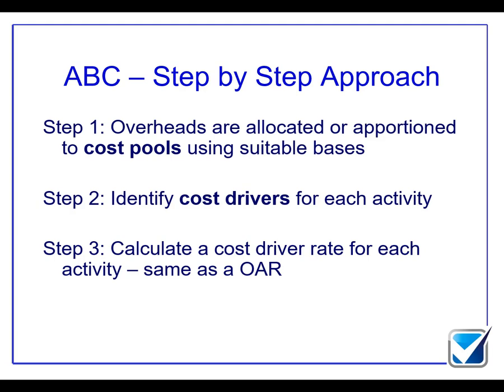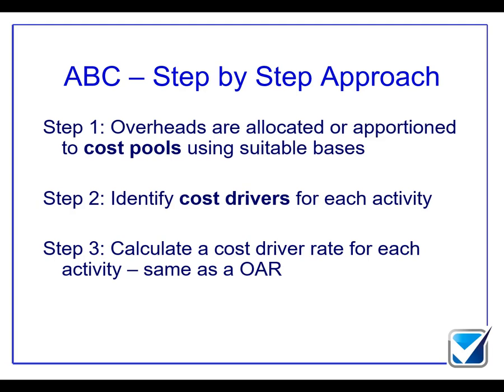Again, you will use apportionment bases to spread those company-wide overheads. Step number 2, for each cost pool, you are now going to identify the cost driver. The item, the factor that is influencing the level of cost within that pool.